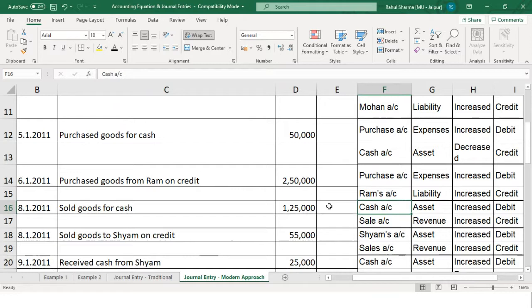If my asset increases, I'm supposed to debit it. Similarly, I'm selling, and sales is my revenue. If my revenue increases, revenues and liabilities, if increased, please credit them. So sales, revenue, increases, I'll credit.